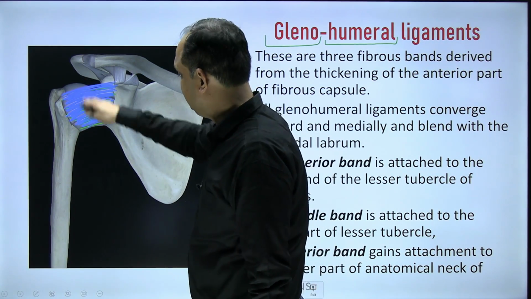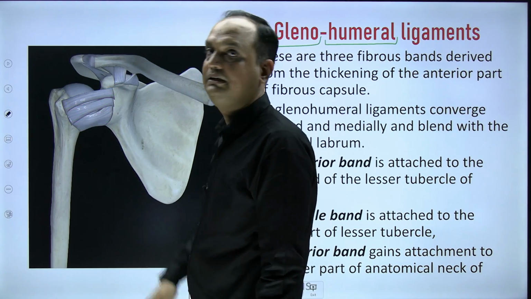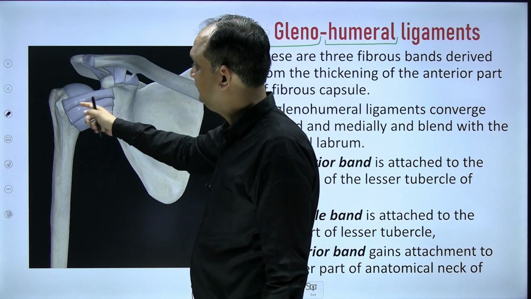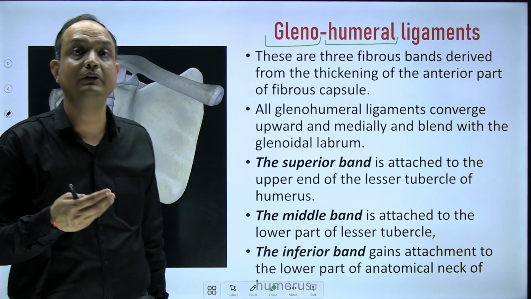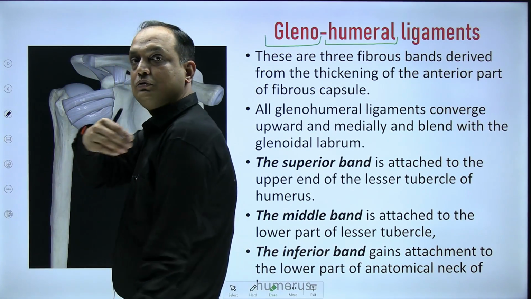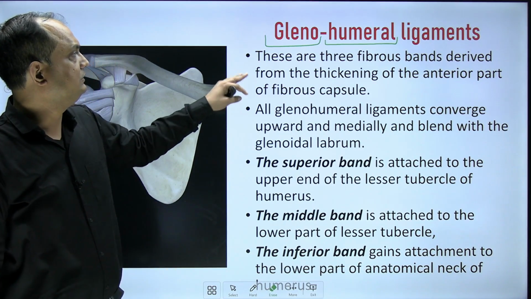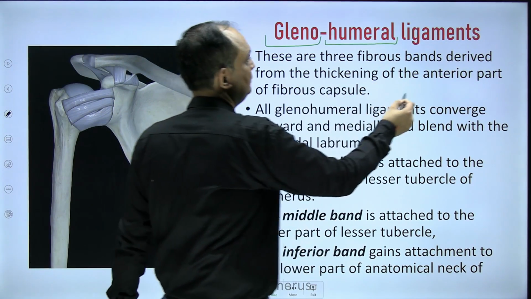If you try to dissect from the anterior side, you are going to cut the anterior part of the capsule as well as these glenohumeral ligaments. So for better visualization of the glenohumeral ligament, it is always said that you should dissect from the posterior side of the joint. So these are the three fibrous bands which derive from the thickening of the anterior part of the capsule.